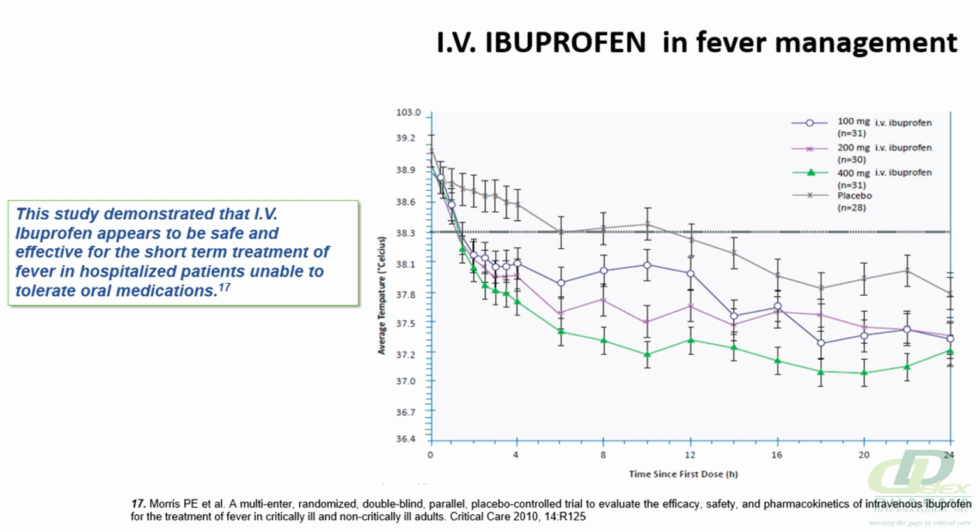IV ibuprofen was effective in reducing fevers in critically ill and non-critically ill groups. Following 24 hours of administration of IV ibuprofen, no clinically significant differences in any safety parameter, including renal function or bleeding, occurred through the 28-day follow-up period.